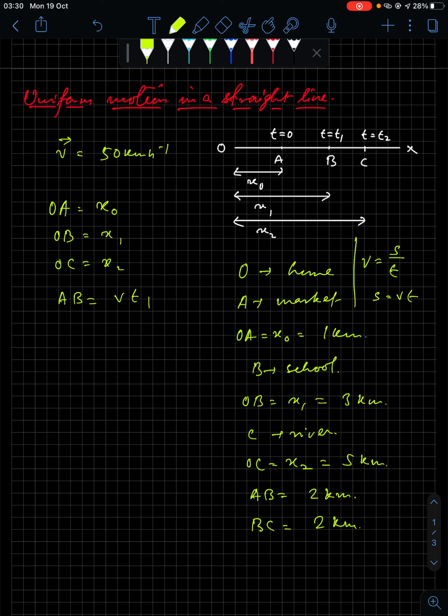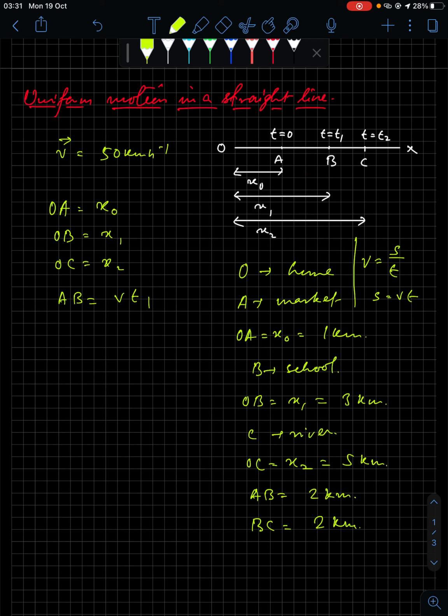Because for t1 time the car was traveling with a speed v, therefore the distance is v into t1. The speed into this particular time will get you the distance AB.